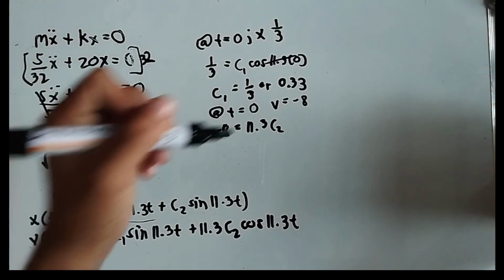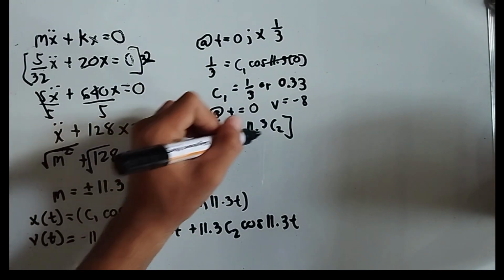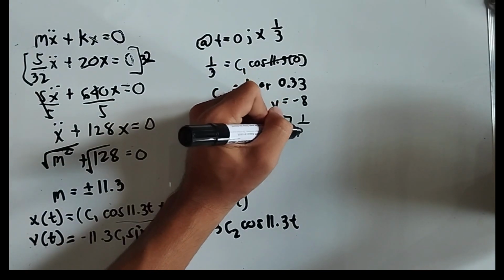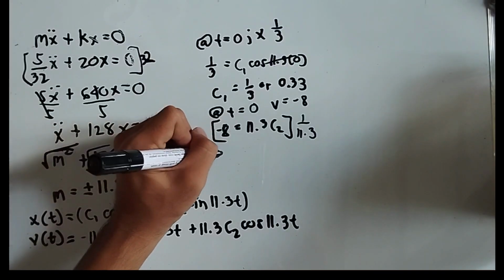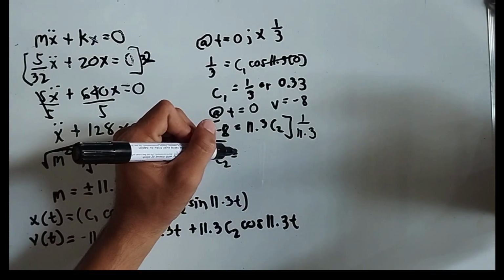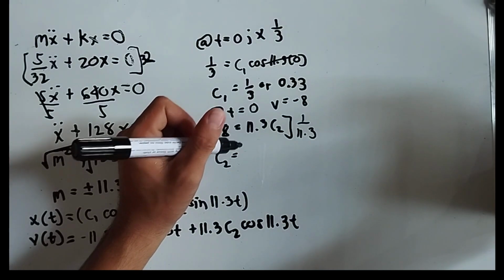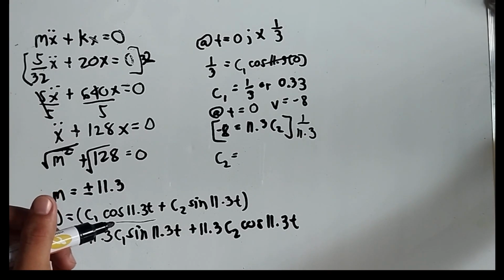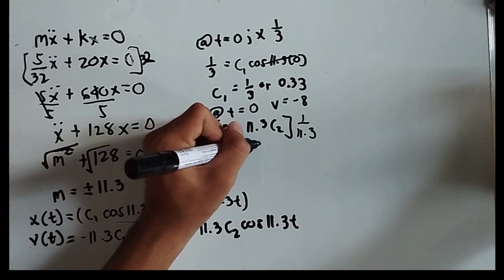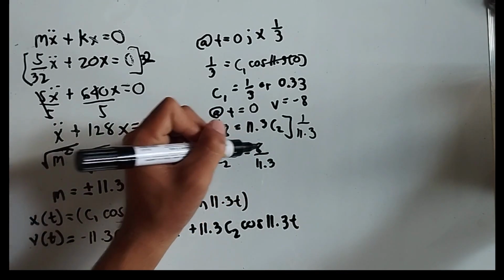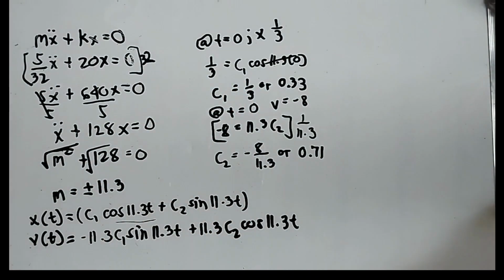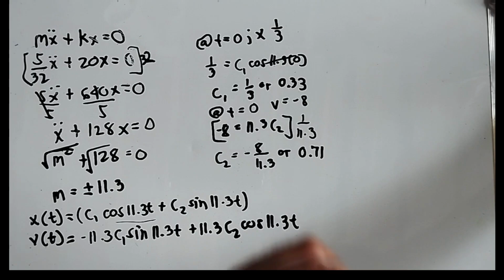To eliminate this 11.3, we divide both sides by 11.3. So we are left with c sub 2 is equal to negative 8 over 11.3, or negative 0.71.